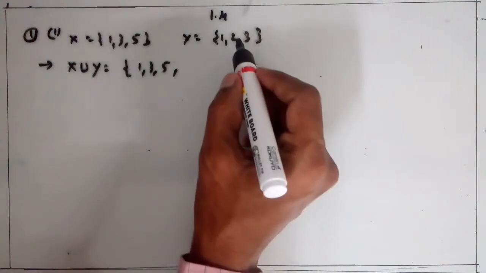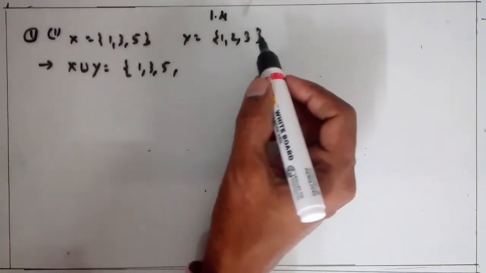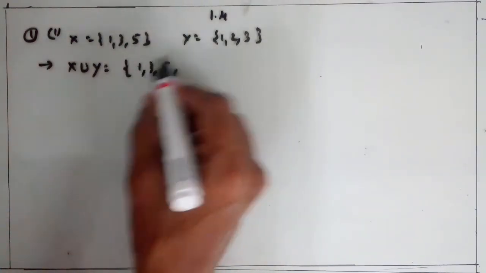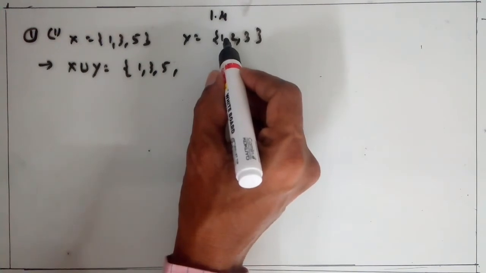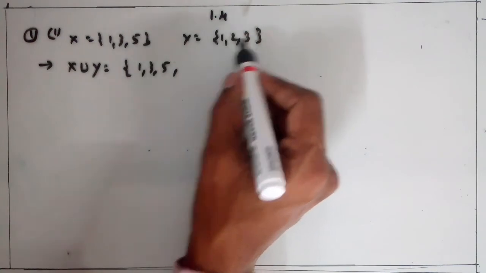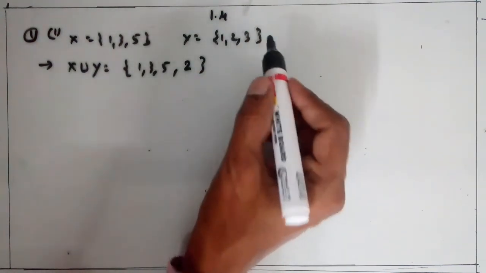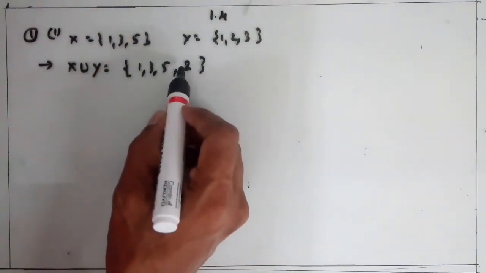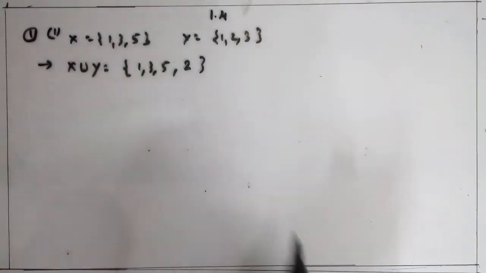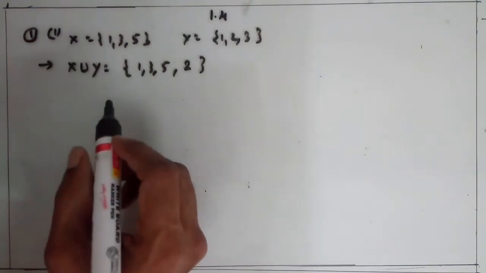And from the second set we can't write the repeated elements. Here 1 we already wrote in the first, 3 also we wrote in the first. So 2. Clear? 5 is not new in the second. So {1, 3, 5, 2}. This becomes the union of X and Y. Clear?